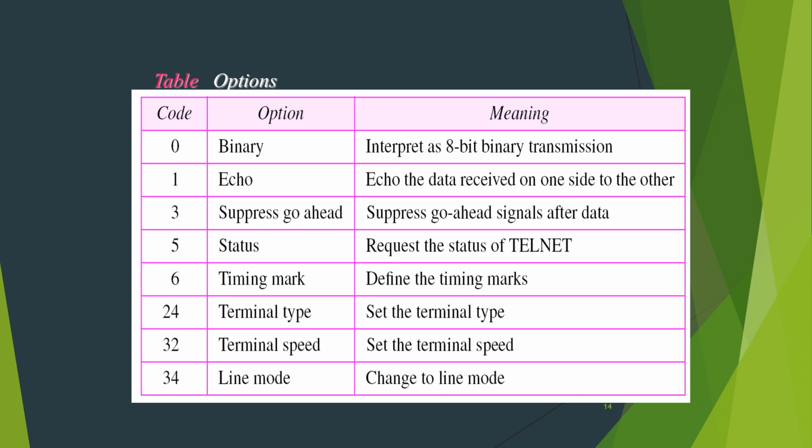So these are the options: binary, interpret 8-bit binary transmission; echo, echo the data received on one side to the other; suppress go ahead signals after data; status, request the status of telnet; timing mark, define the timing marks; terminal type, set the terminal type; terminal speed, set the terminal speed; line mode, change to line mode.